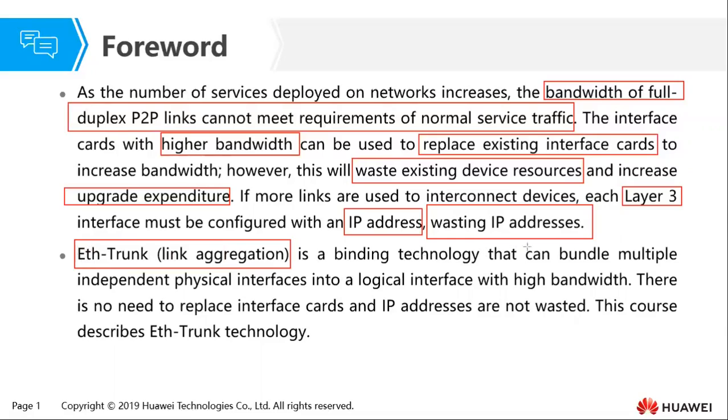It's a binding technology that can bundle multiple independent physical interfaces into a logical interface with high bandwidth. So there's no need to replace interface cards, and IP addresses are not wasted. Those are some of the advantages of link aggregation.